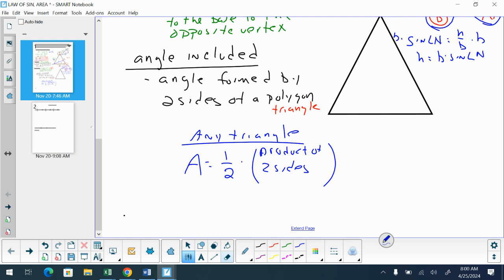That means you're multiplying the lengths of two sides together, times the sine of the angle included.